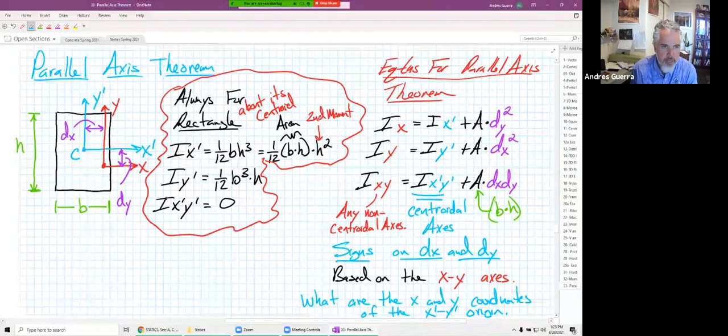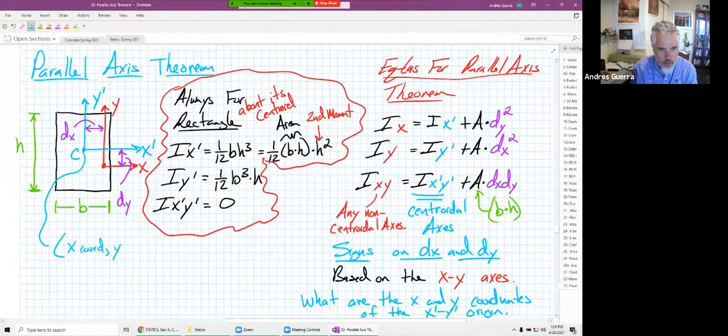So if we look back up to this picture, what is my x coordinate and y coordinate with respect to the x, y axes, in red?